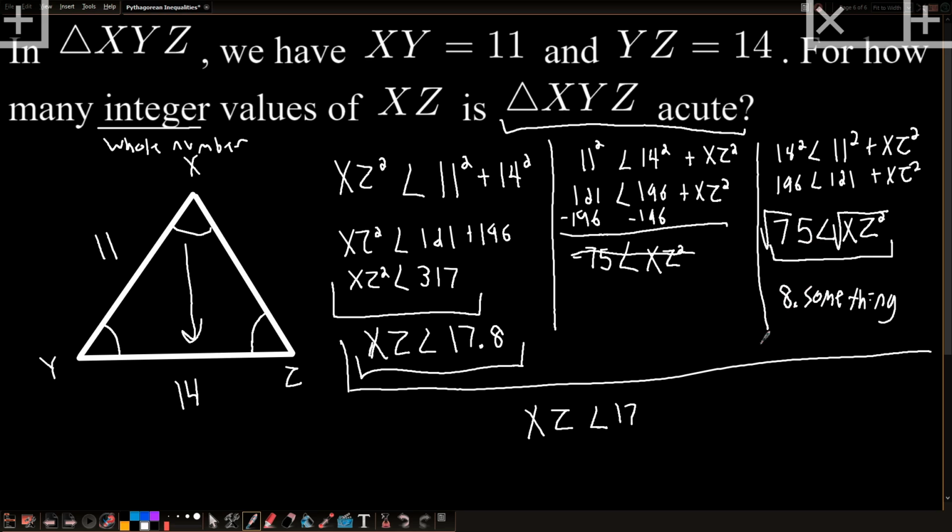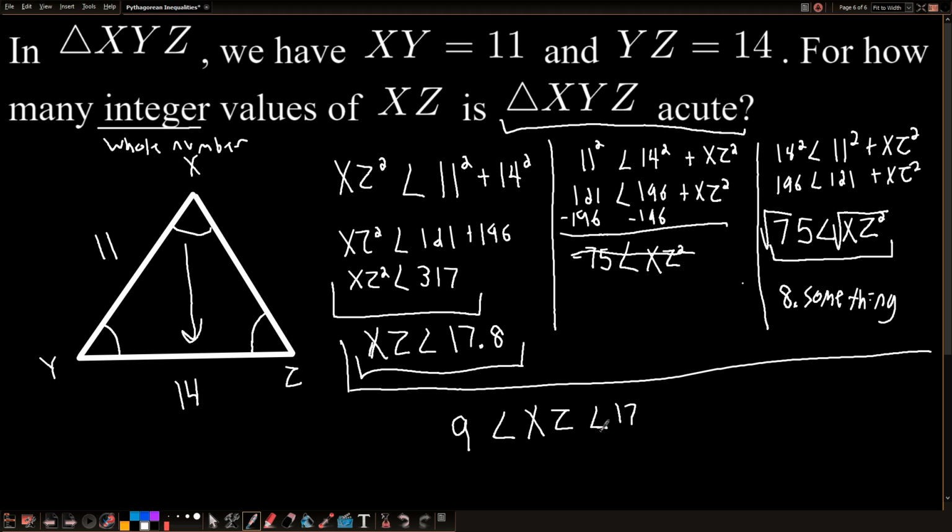Well, 8 point something isn't a whole number, so if XZ was 8, it would be less than the square root of 75, because 8 is the square root of 64. So that means that it has to be greater than 8. We would have to round up in that case, because again, we want it to be greater than the square root of 75. And the only whole number greater than that would be 9, the square root of 81.